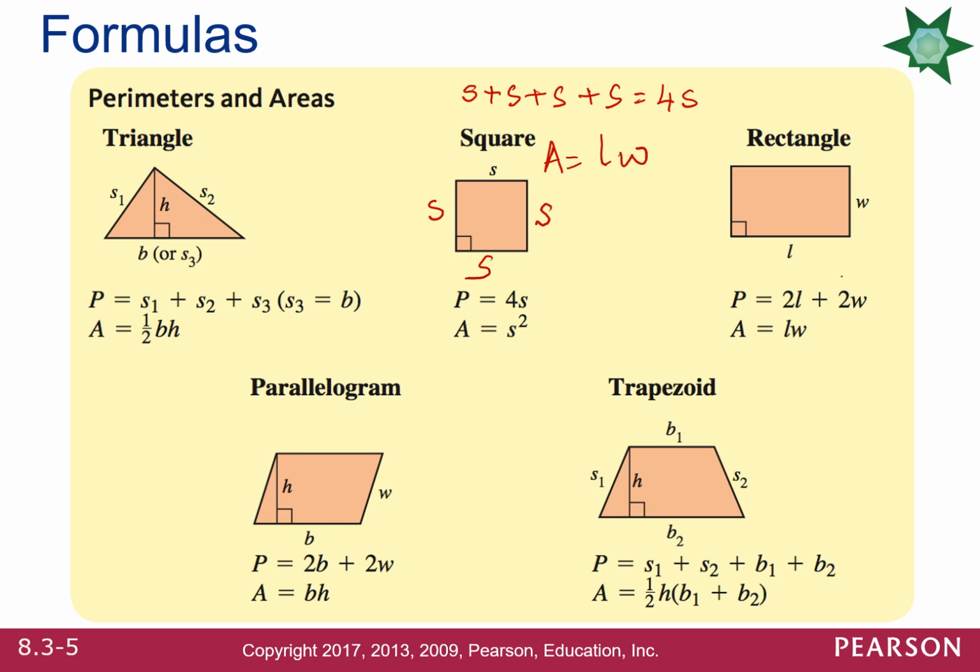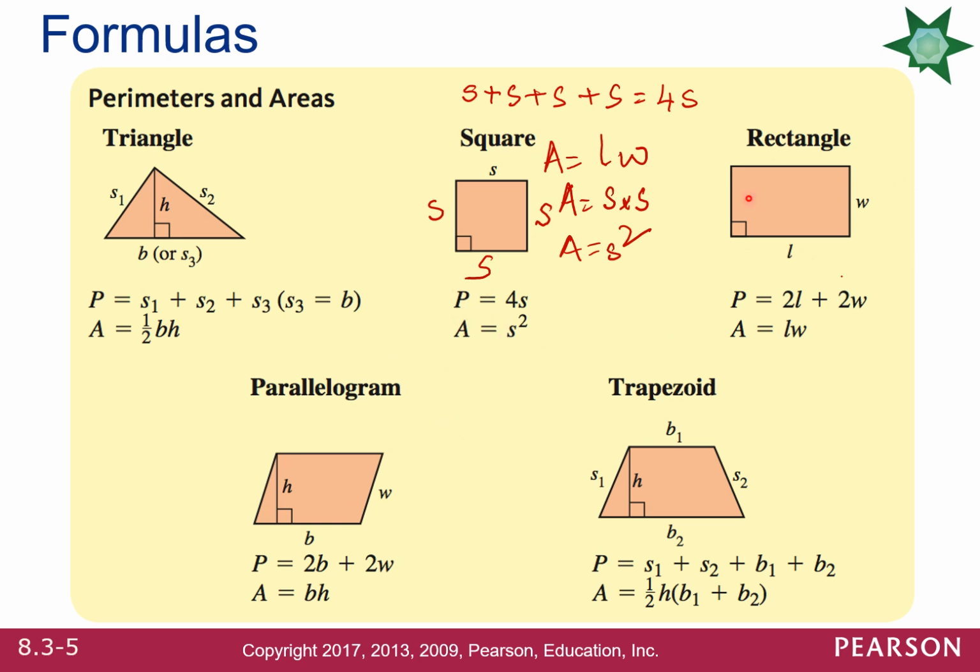Now in the case of the square, the length and the width are all same measures. So that's why A will be equal to S times S, if that is the measure of the length. So S multiplied by S is S squared, correct? So that's why the formula for the area of a square is S squared.